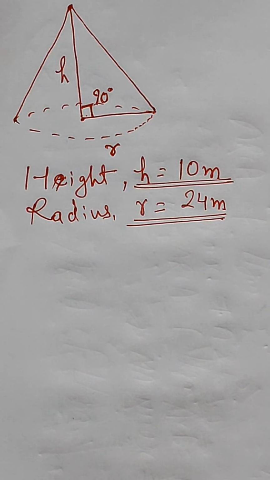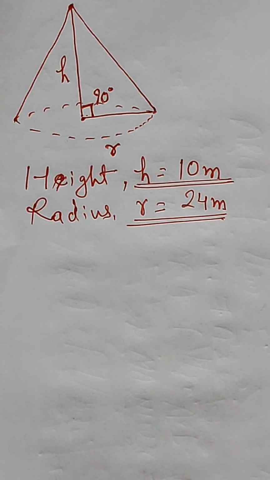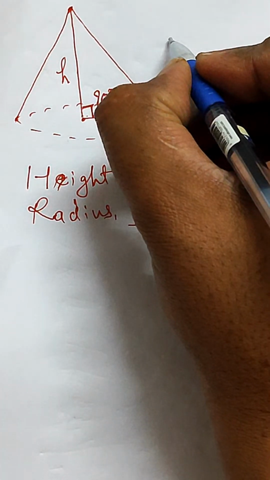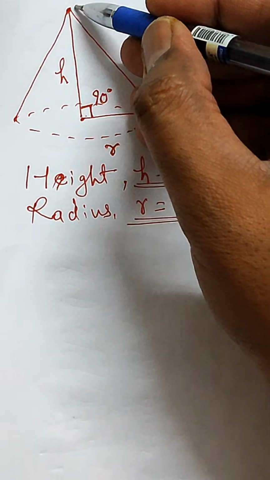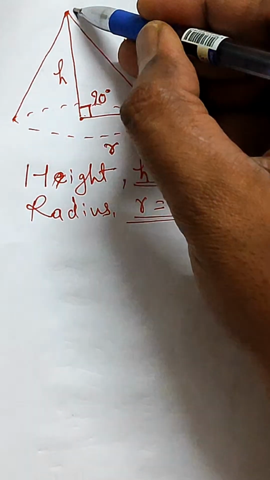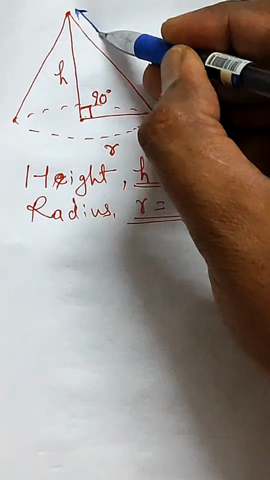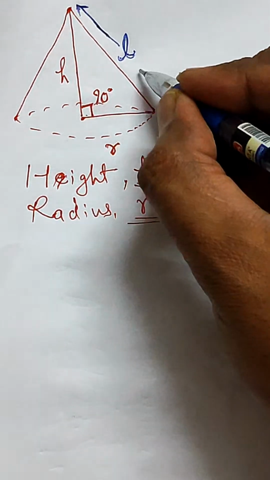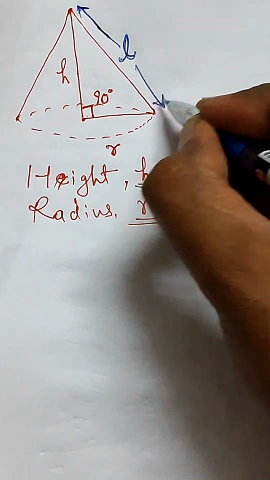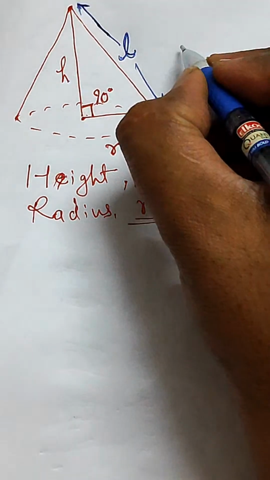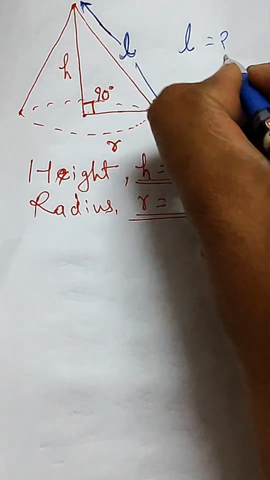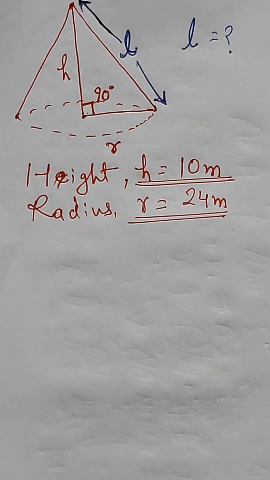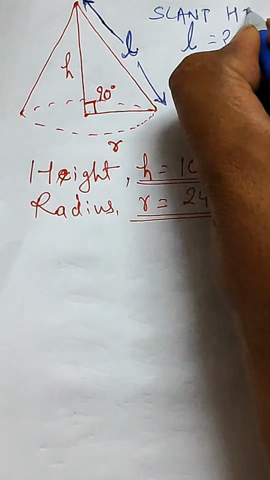Now what we need to find? Two data are required to be calculated. The slant height of the tent. This is the slant height, the slope, and this is generally represented by L. So we need to find L, that is our slant height.